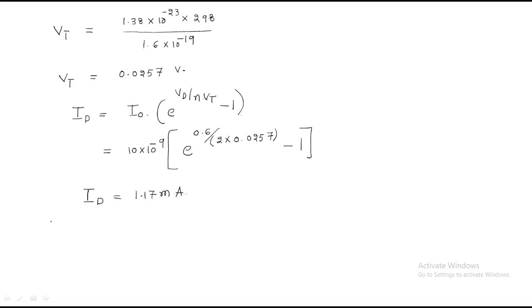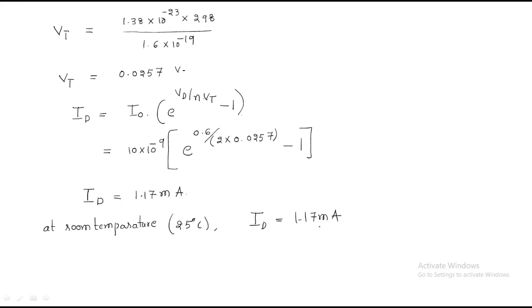That means at room temperature, that is 25 degrees Celsius, the diode current we get is 1.17 milliamps.